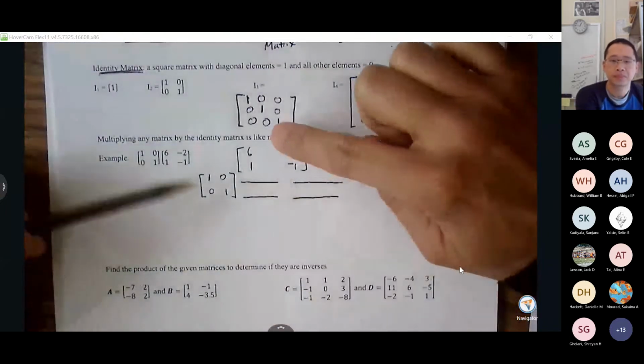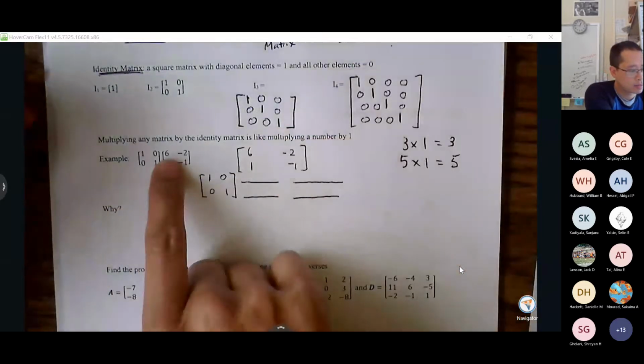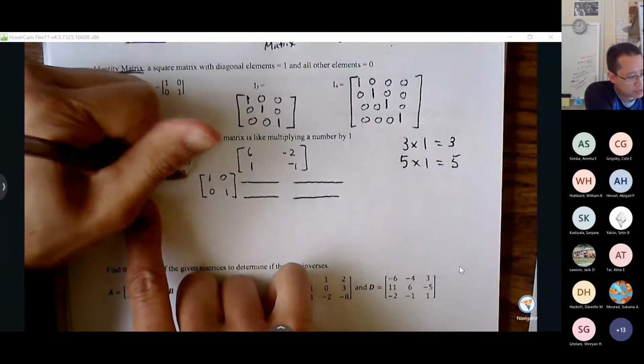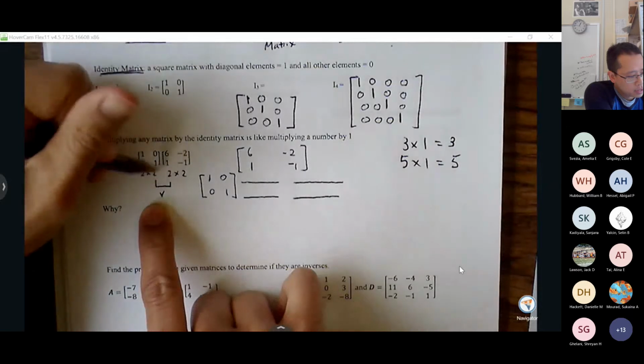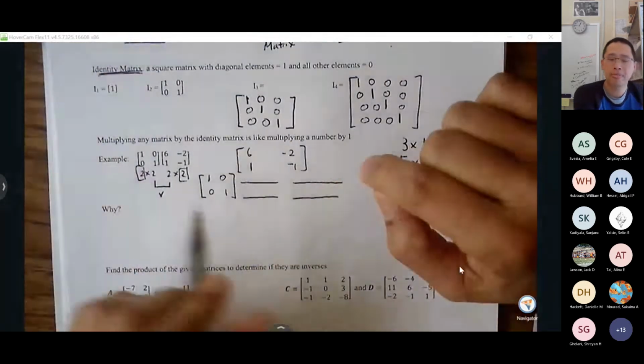Sorry, I skipped a step here. This is a 2-by-2 matrix followed by a 2-by-2 matrix. We know that our inner dimensions are the same, so we're going to end up with a 2-by-2 matrix.